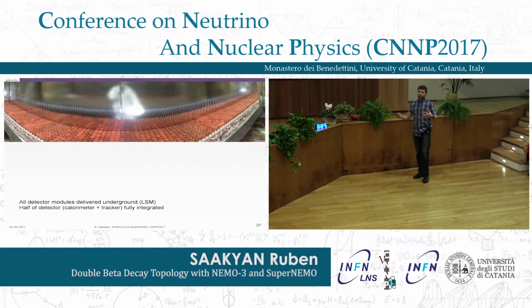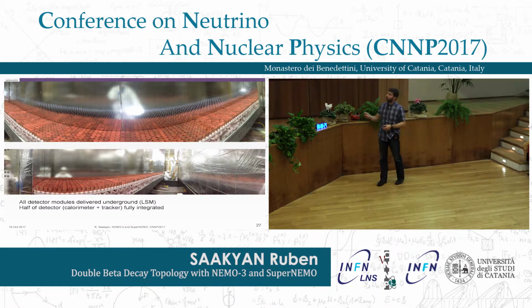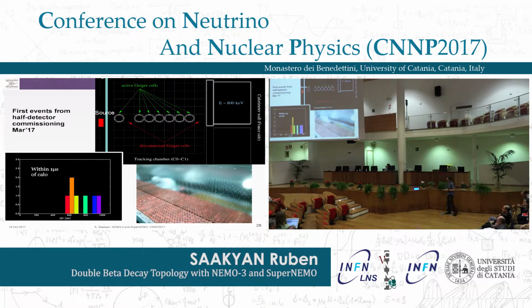The two quarters of the tracker you saw previously, in this panoramic picture, are connected together, and the calorimeter wall is coupled with the tracker detector. So all detector modules have now been delivered to LSM, and half of the detector, which is calorimeter plus tracker, is fully integrated.